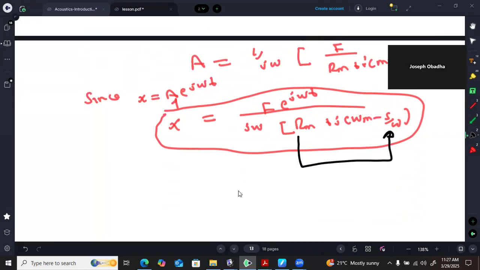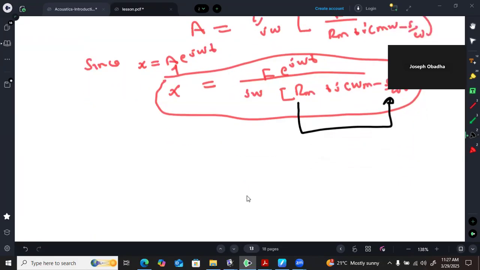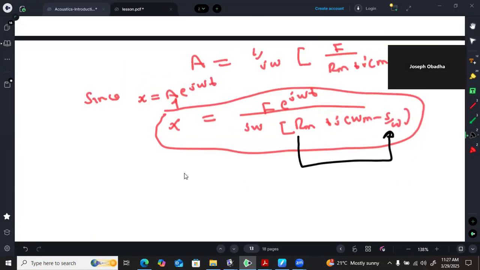Because it looks like we can denote it by Zm, which refers to mechanical impedance, so that I have Zm equal to Rm plus j into (omega M minus S over omega).